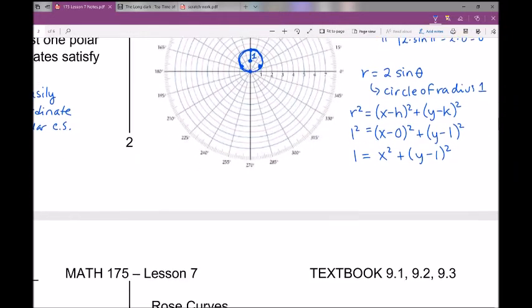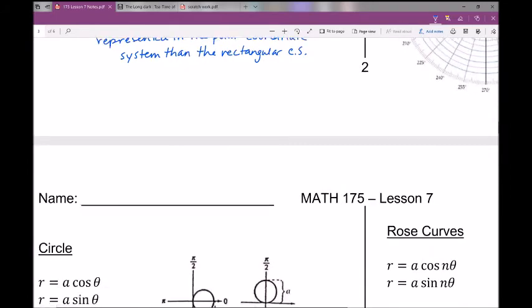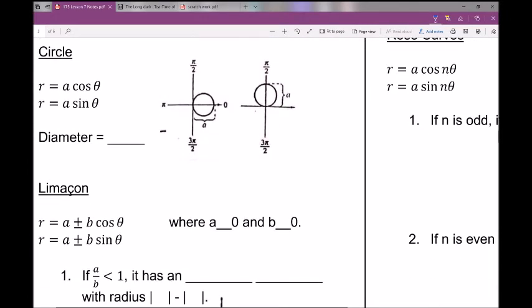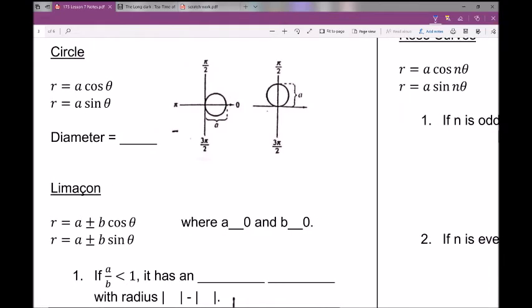Alright, so now basically what we're going to do is just go through a few different types of polar equations. So we've already kind of looked at the circle, and the one that we just looked at was of this form. So we had some number times the sine of theta. And so what I've done here is I've just given you the equations, and then I've given you what the graphs of these kind of look like.